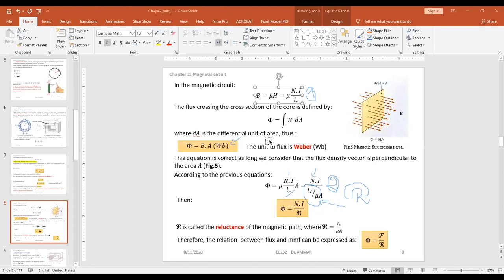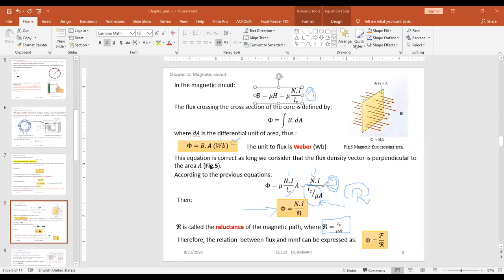So reluctance in the magnetic circuits has the same role as resistance in the electric circuit. It obstructs the flow of the flux, as the resistance blocks the flowing of the current in the circuit. Here we have the reluctance. Okay, so finally we get this expression: phi equals NI over R, which is the reluctance, and the reluctance is defined by this expression.